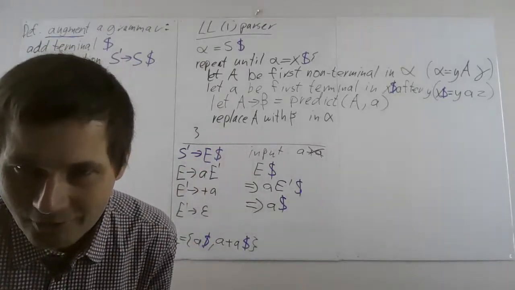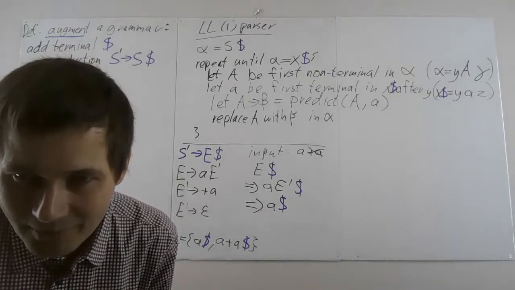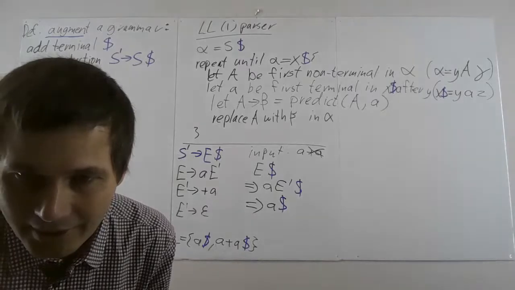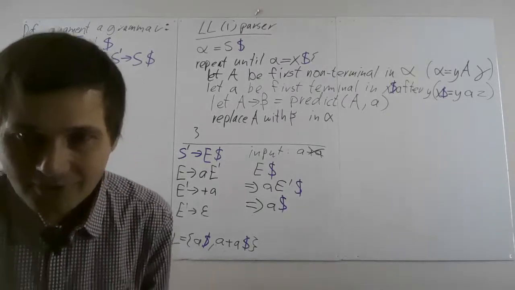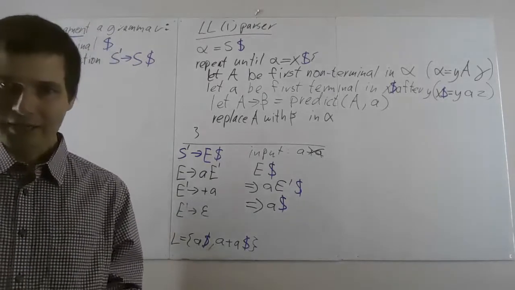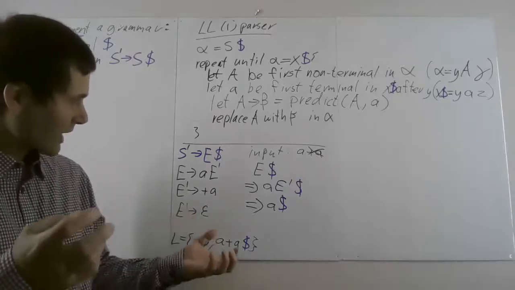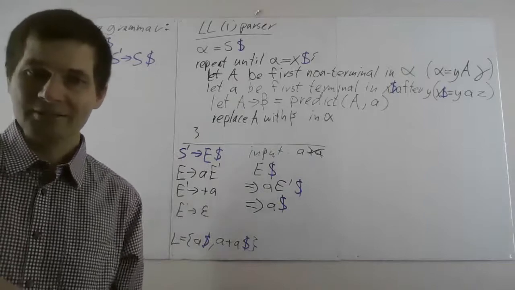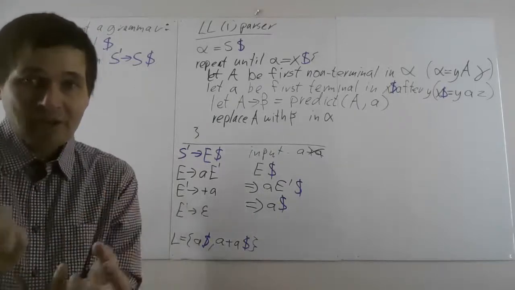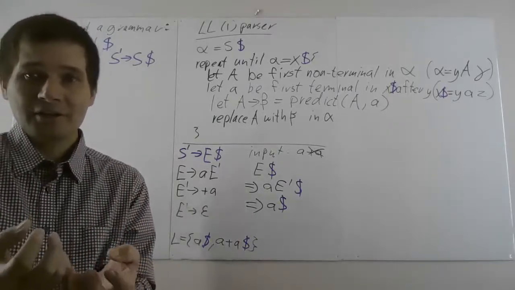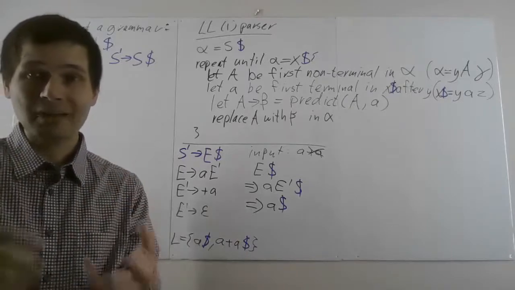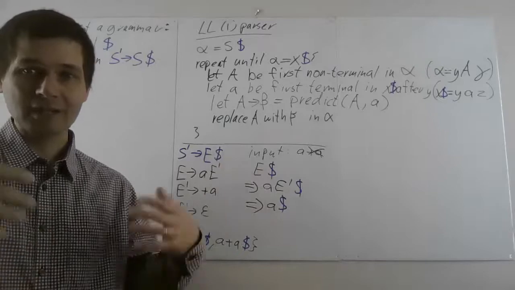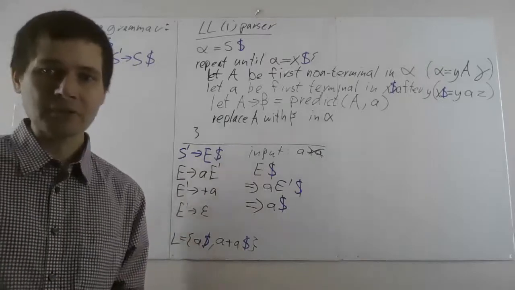Okay, there were some questions, and the suggestion was to kind of use epsilon. Essentially, the $ takes the place of epsilon. Epsilon is tricky because epsilon is not a symbol. Epsilon is a representation of the empty string, a sequence of 0 symbols.